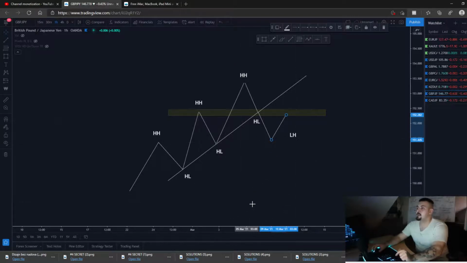And as you can see now, we have a lot more possibilities on this one. And as you can see now, we have a lot more confirmation. The price retested the last higher low on this level, and the price is building a head and shoulders pattern.